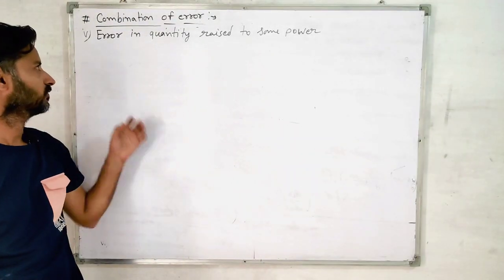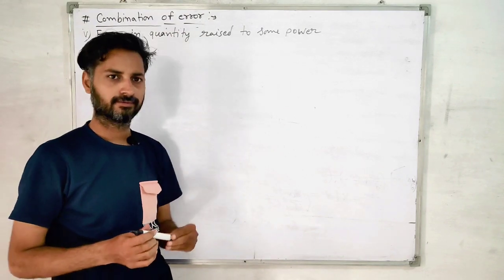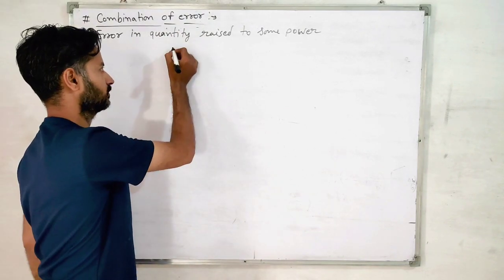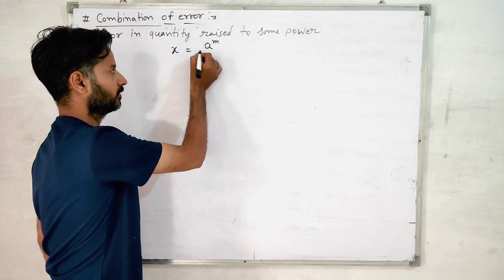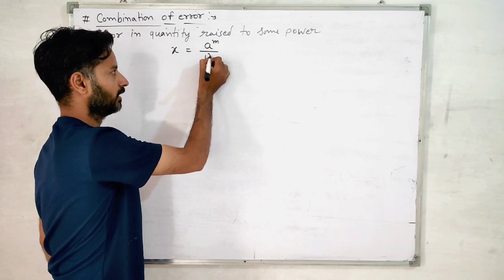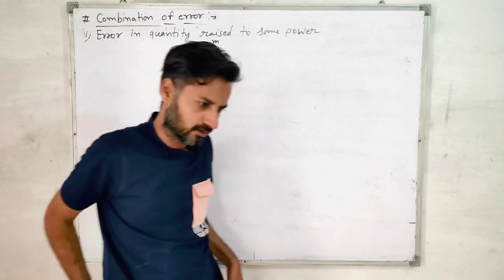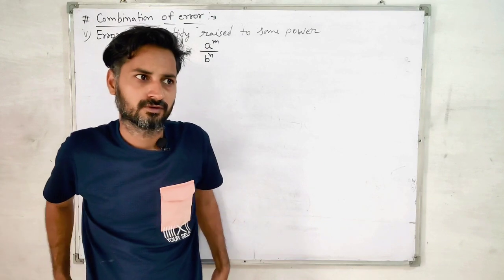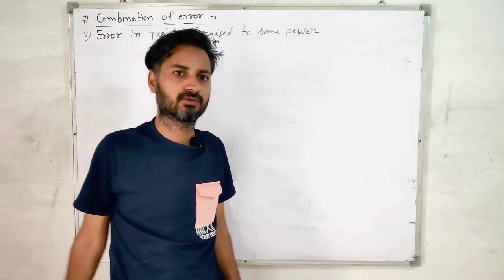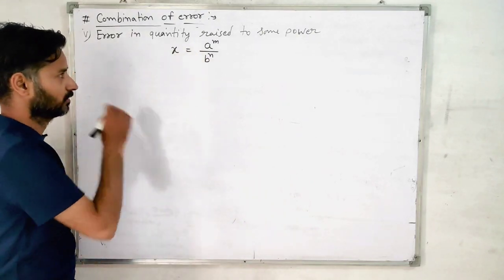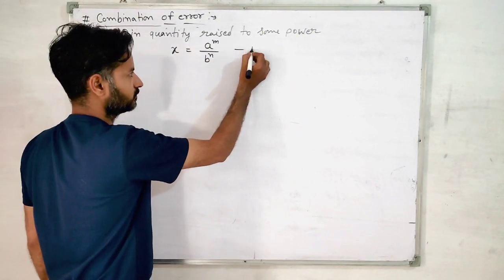Now we have to find the error in a quantity raised to some power. Let the quantity x be given by a to the power m divided by b to the power n. Here we use some terms which we are not familiar with, but later we will learn about them. First we have to take the log of this equation.